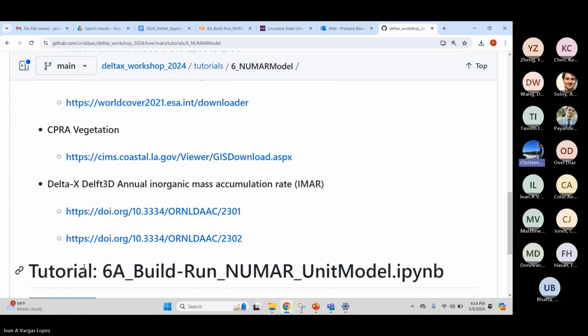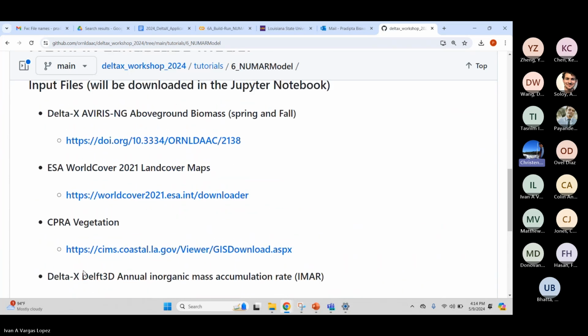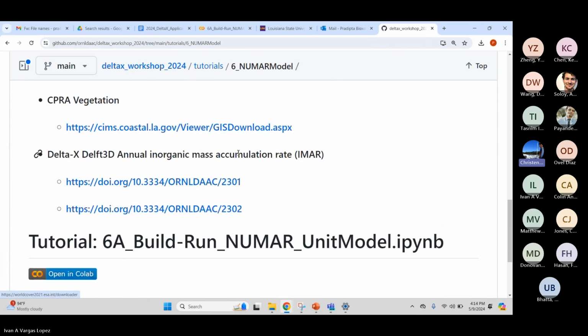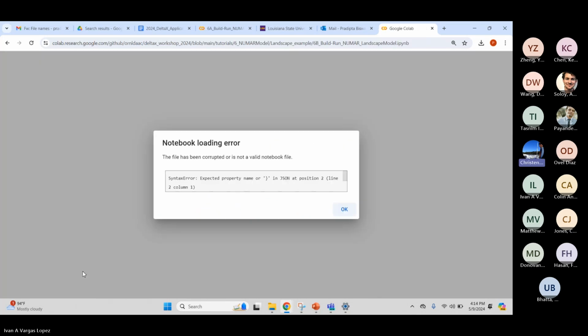We have provided in the GitHub repository cropped and very coarsened versions to make them small, but you can also download them from multiple sources. Several of them are from Delta X, and I will talk about them as we go. So again, you can click the open in Colab.